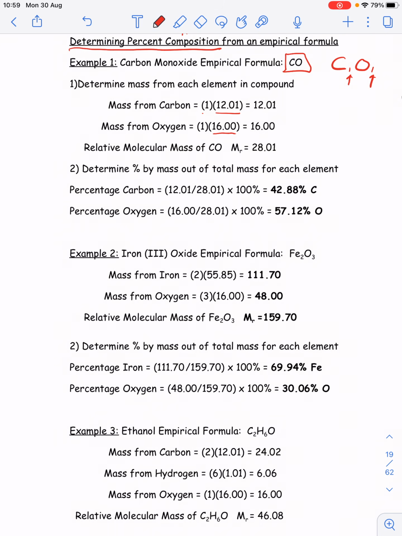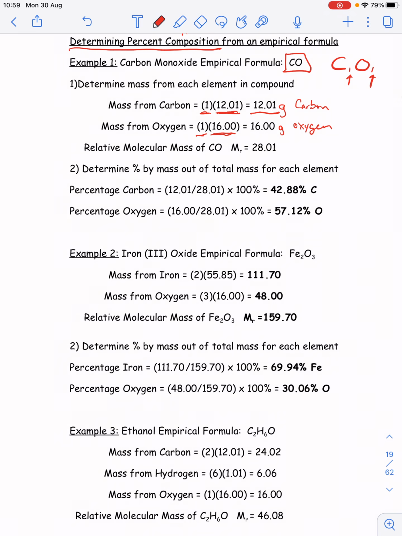So I multiply the atomic mass by the number of atoms in the empirical formula. So 1 atom of carbon times 12.01 gives me 12.01 mass. I can think of it as grams if I'd like. 12.01 grams from carbon, and 1 times 16 gives me 16 grams from the oxygen.